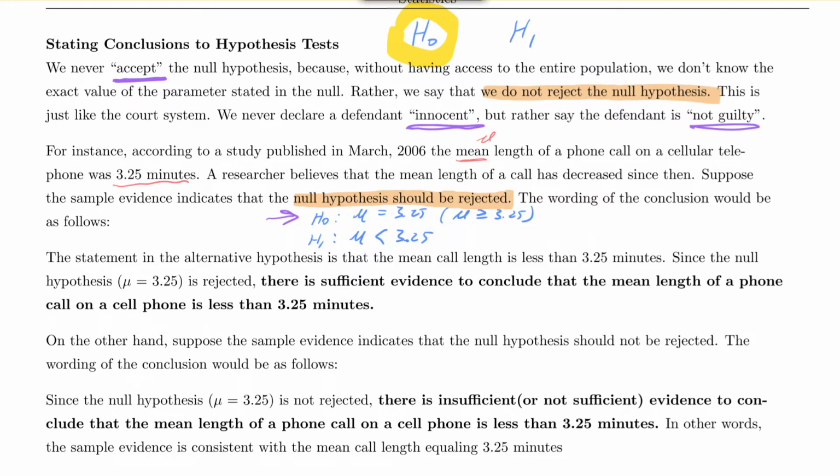But the way we say is like this. The statement: alternative hypothesis, the mean length of a call is less than 3.25. Since the null hypothesis is rejected, then there is sufficient evidence to conclude that the mean length of a phone call is less than 3.25 minutes.